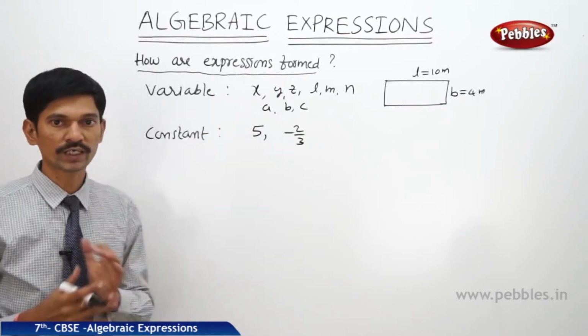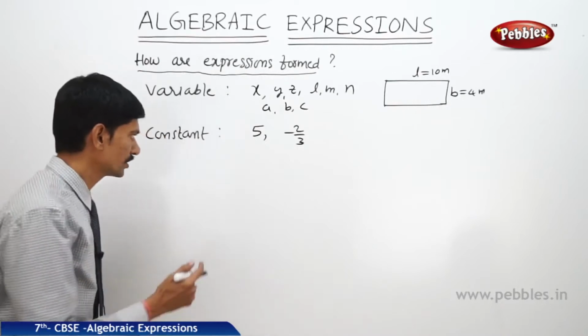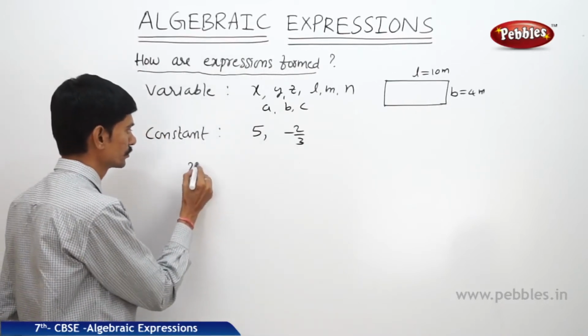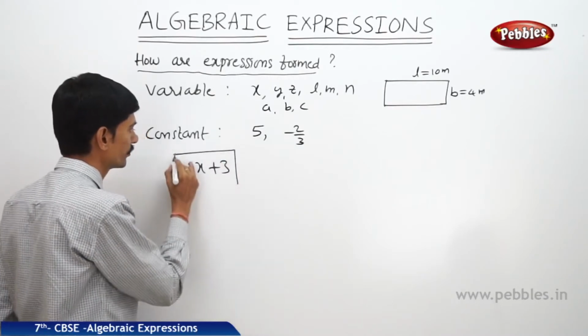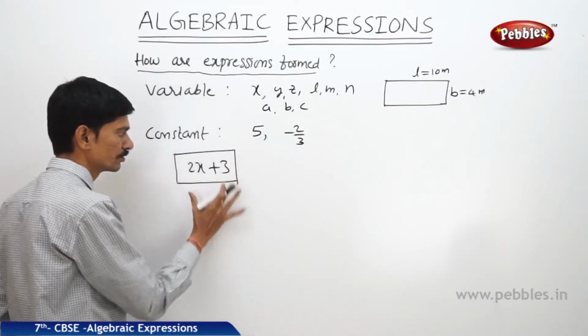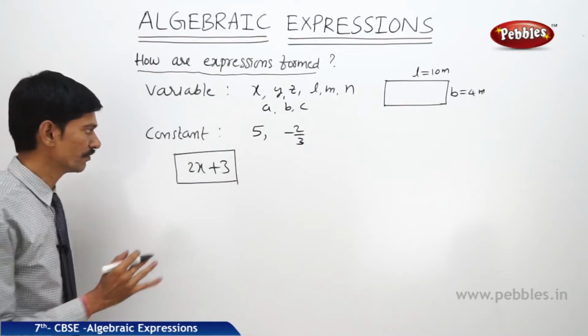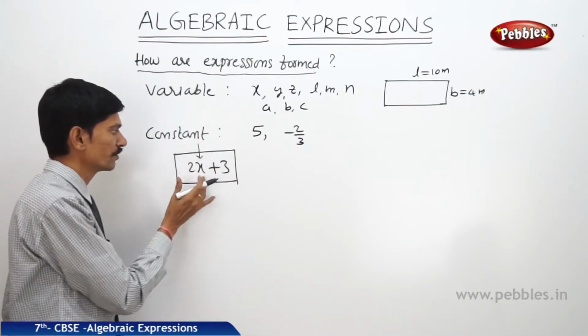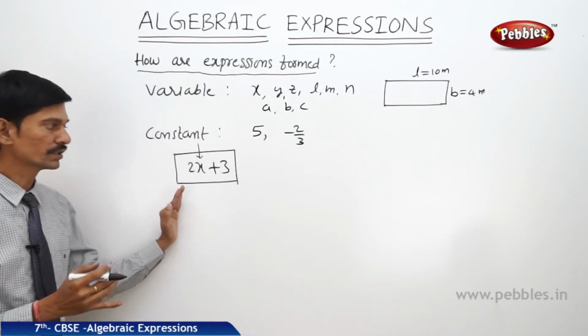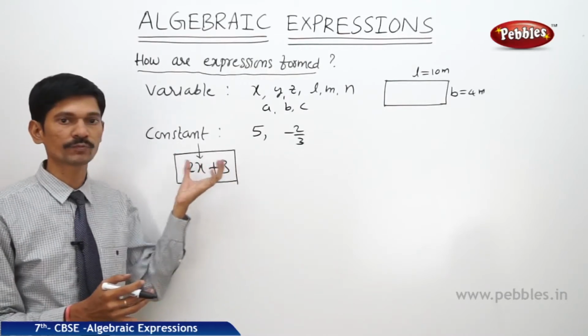Now let us see how the expressions are formed. Let us take the expression 2x plus 3. How is the expression 2x plus 3 formed? To form it, first we take a variable x, then it is multiplied by 2, then the constant 3 is added to the product.